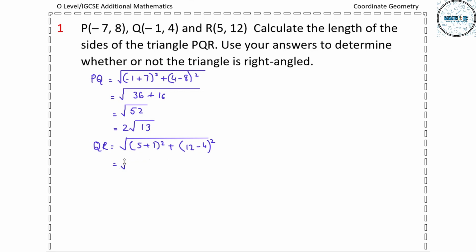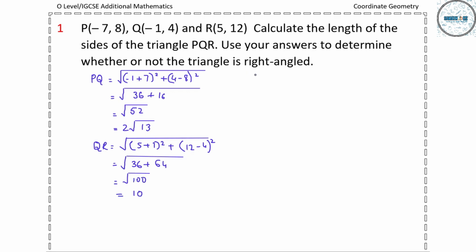So we have here 5 plus 1 is 6, and 6 squared is 36, plus 12 minus 4 is 8, and 8 squared is 64. So we have the square root of 100, which is equal to 10.